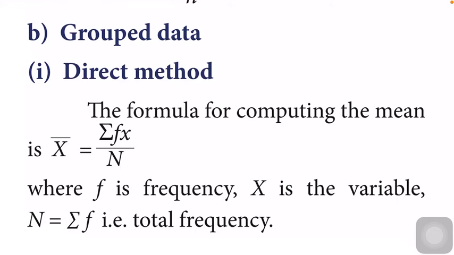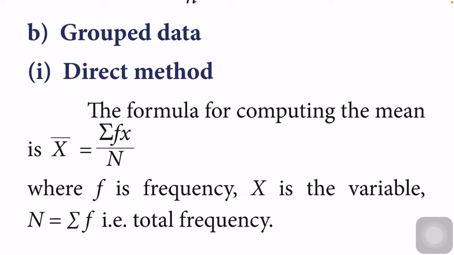Now, let us recall how we calculate the arithmetic mean of grouped data. Grouped data means, for example, we took the marks of a class. In that class, some girls may get 25 marks or a few girls may get 49 marks.